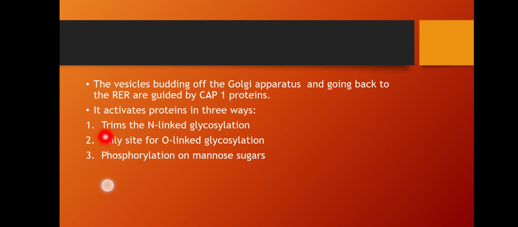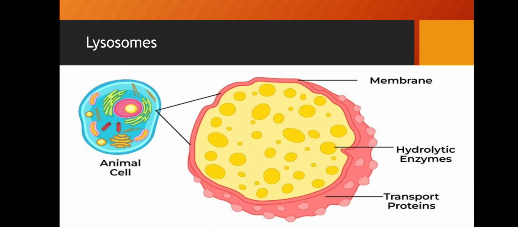Then the other way is by doing what? O-linked glycosylation. O-linked is only carried out by the Golgi apparatus. It is the only one that can carry out O-linked glycosylation. Then phosphorylation on mannose sugars also happens here.